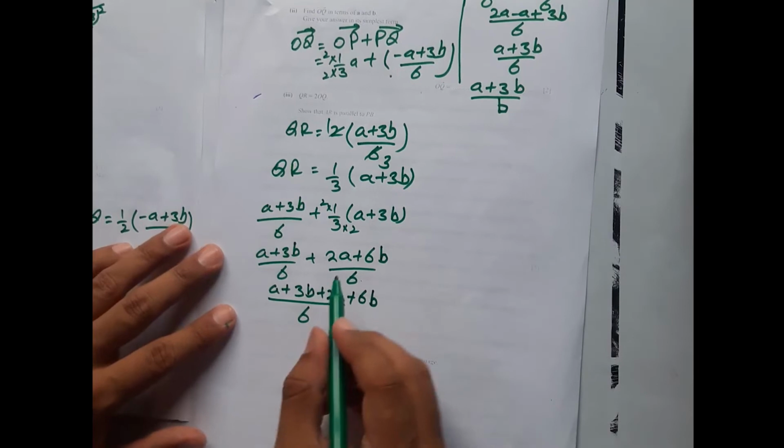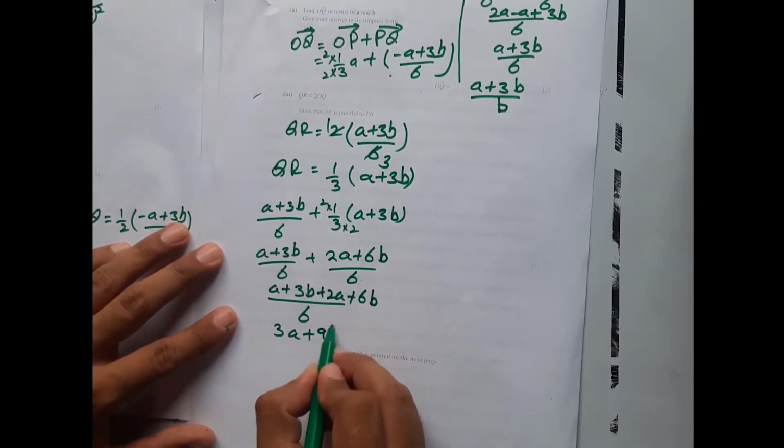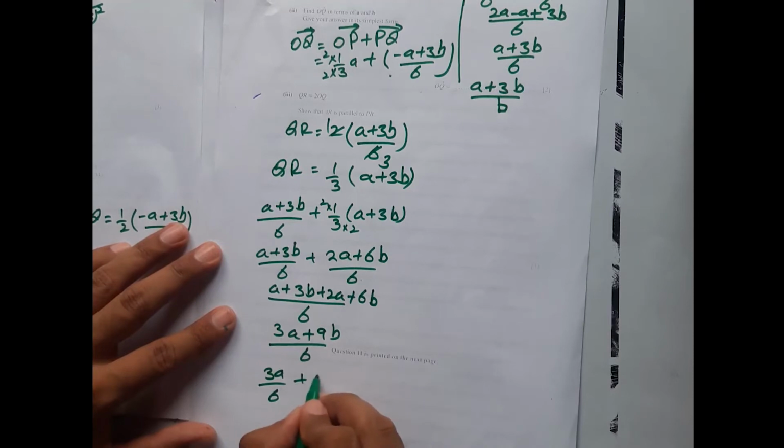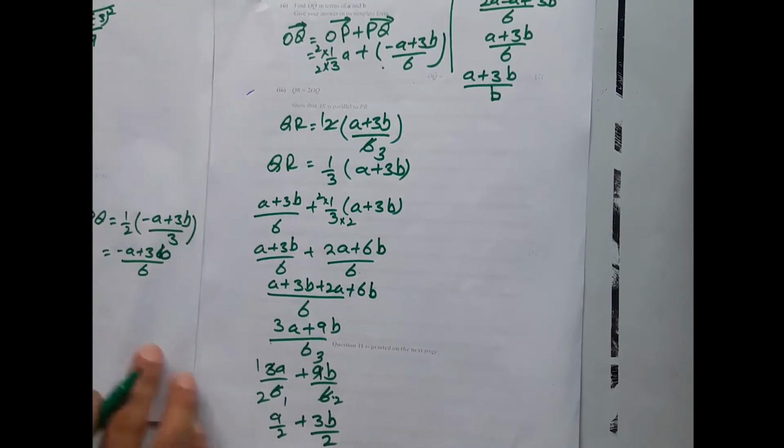This will be equal to a plus 2a is 3a, plus 3b plus 6b is 9b, over 6. You can write it separately: 3a over 6 plus 9b over 6. This will cancel down, so a by 2 plus 3b by 2. Okay, this is OR.